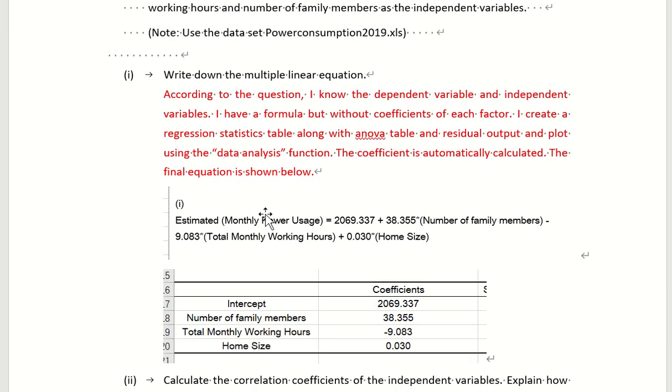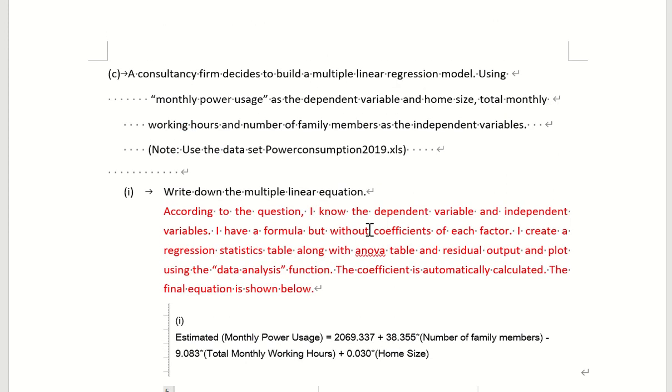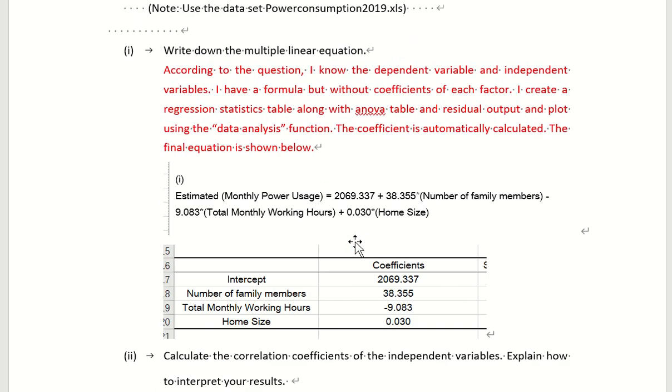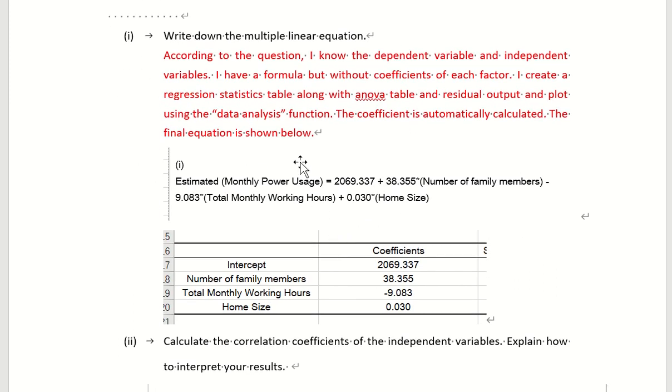part 1. Part 1 is quite simple, as the dependent variable and independent variables are provided in the question. So we have a format like this, but at that time I don't have the coefficients, so I need to create a table using the regression function inside the data analysis function.